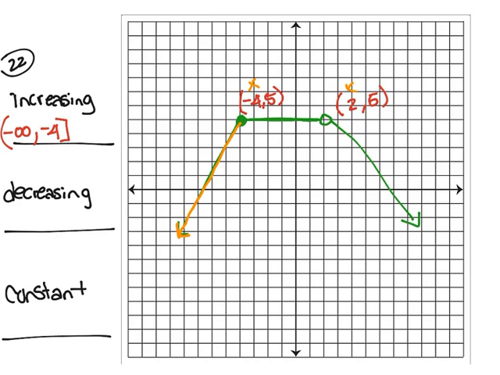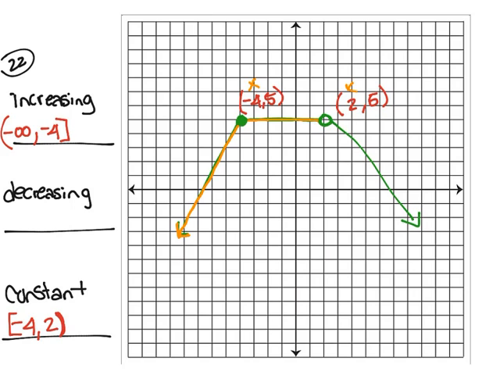And then at -4 to +2, we are constant. So we are constant from -4 to 2. And I have my bracket on -4. Please make sure you notice that right here at 2, it's an open circle. So we put a bracket on -4 because it's closed. But make sure you put a parenthesis on +2 because that's an open circle. Okay?